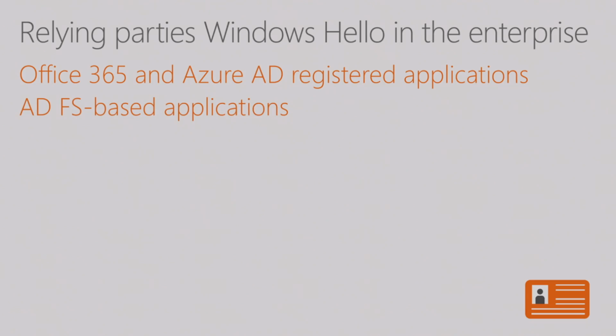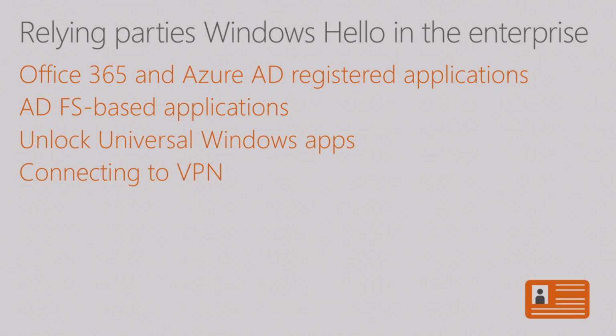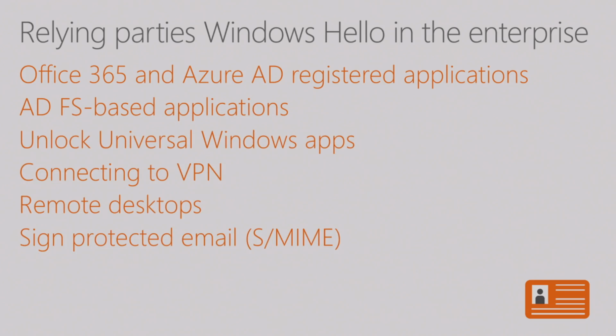There are a number of relying parties at this point in time, and obviously the list is not complete, right? You can do a number of things with these keys that are sitting on the device. You can do Wi-Fi authentication, VPN authentication, authentication obviously to all these cloud-based applications.